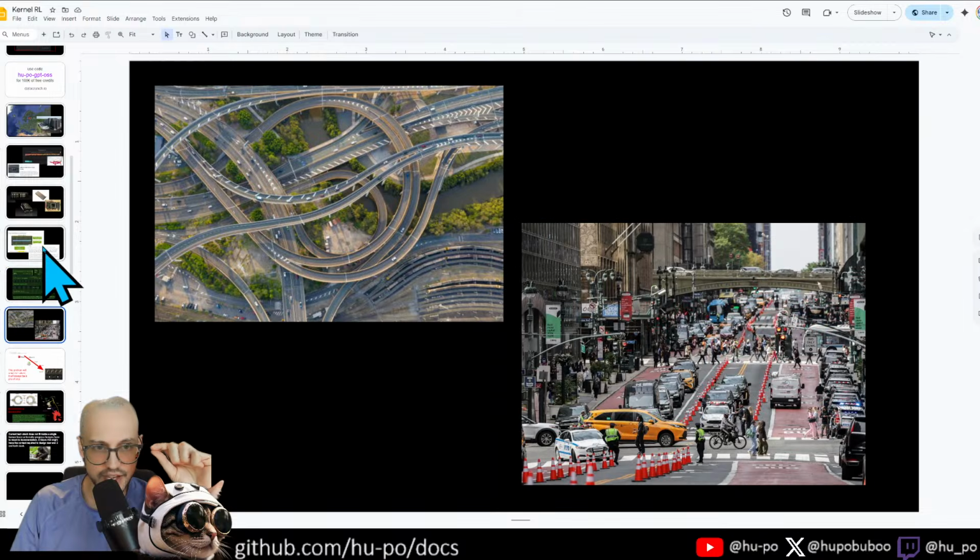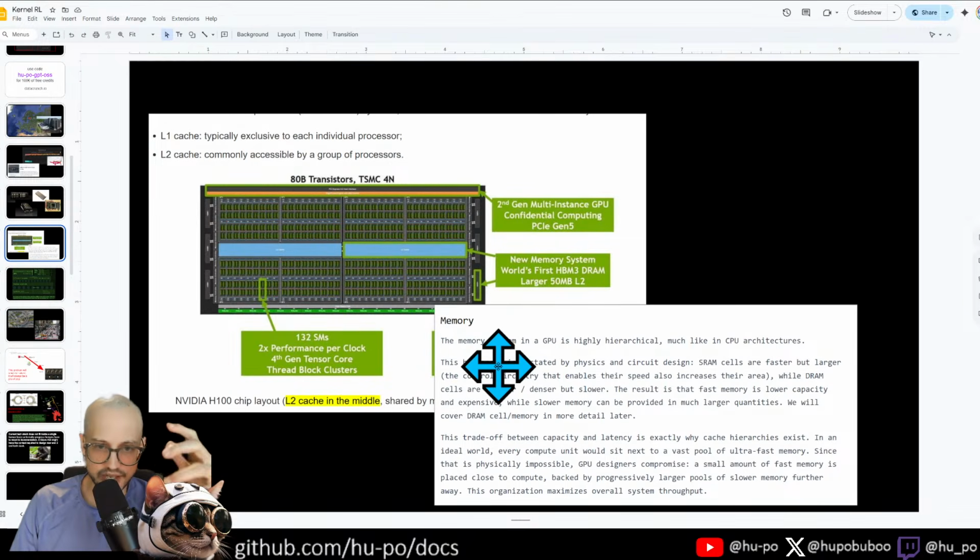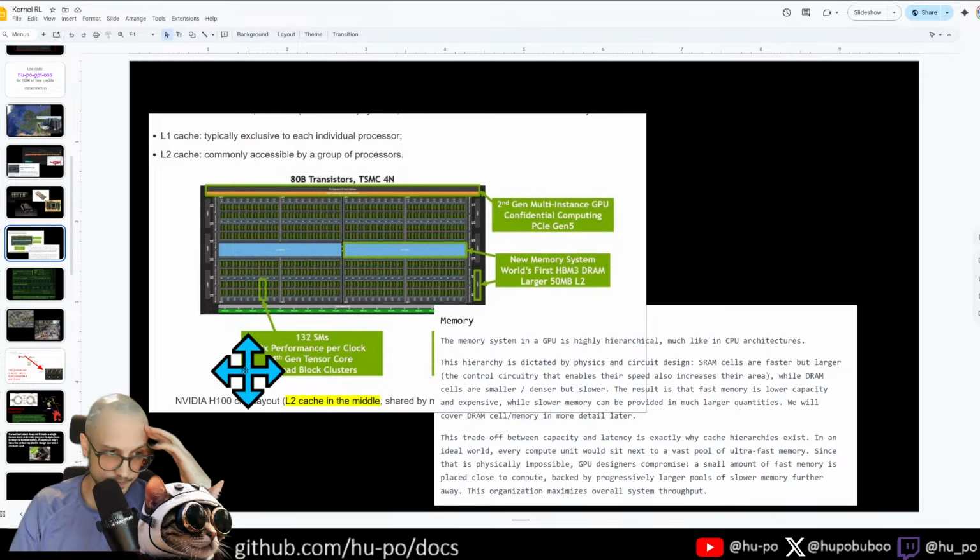There are layers of memory that are right next to the actual SMs, or the chips. And as you get further and further away, it gets easier to have bigger and bigger pools of memory, but they get slower and slower to access, right?